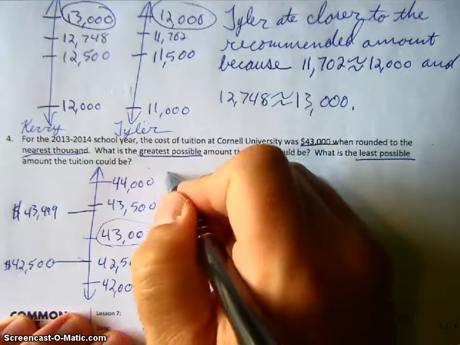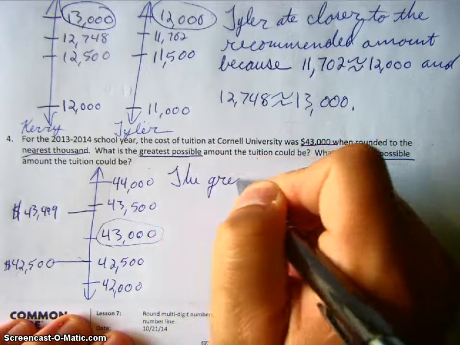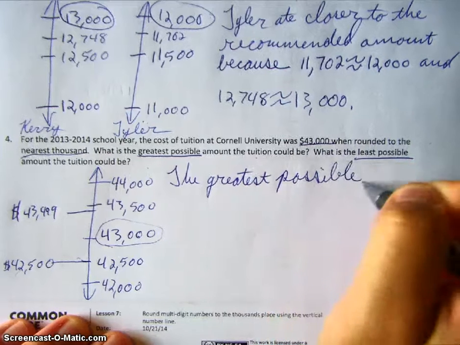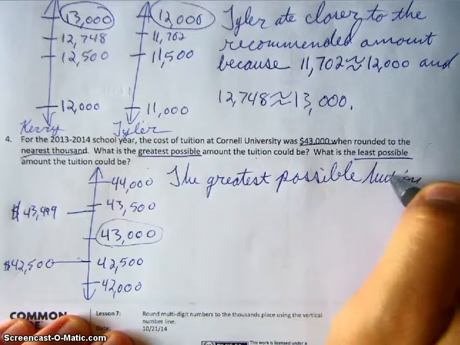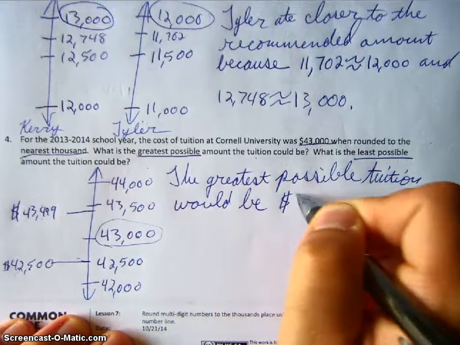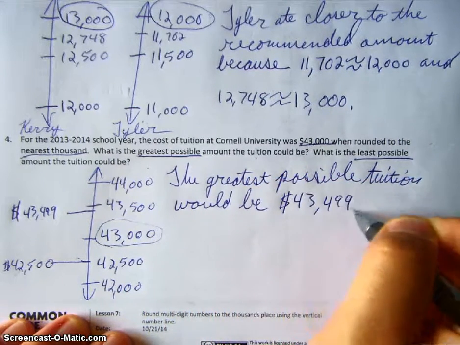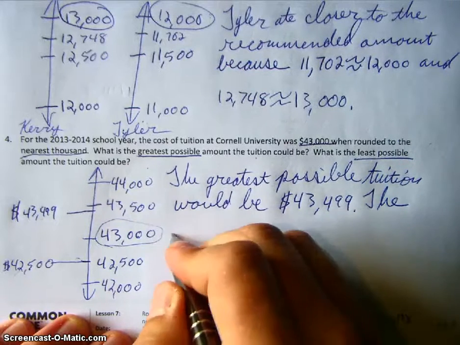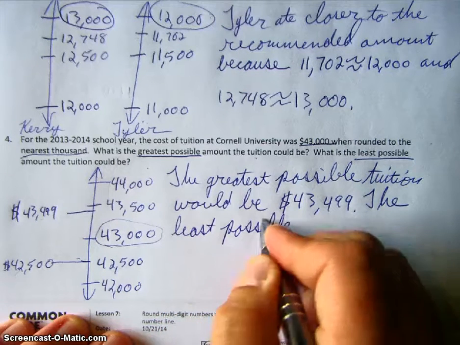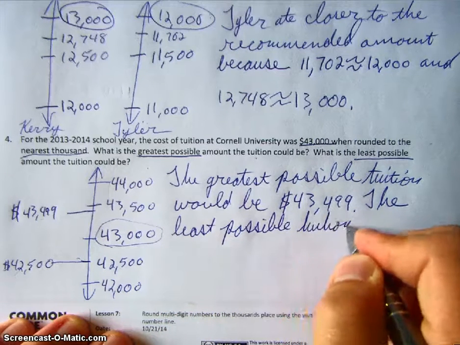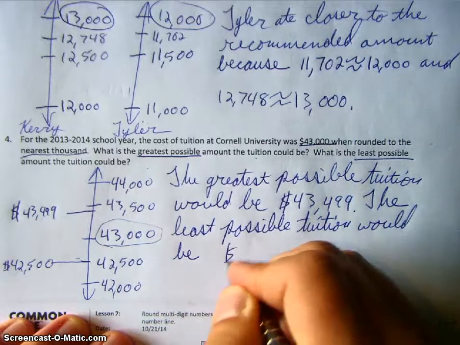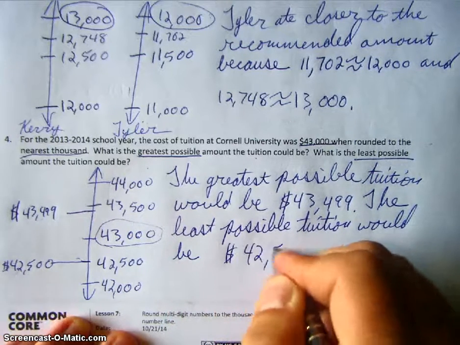Okay, so the greatest possible tuition would be 43,499, and then the least possible tuition would be 42,500.